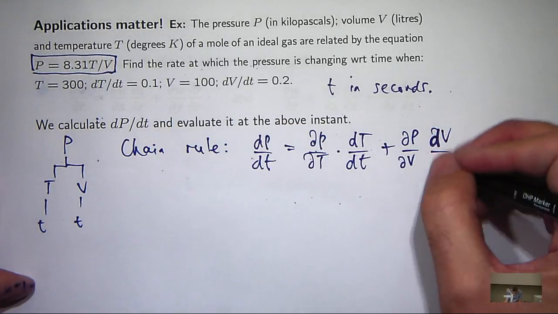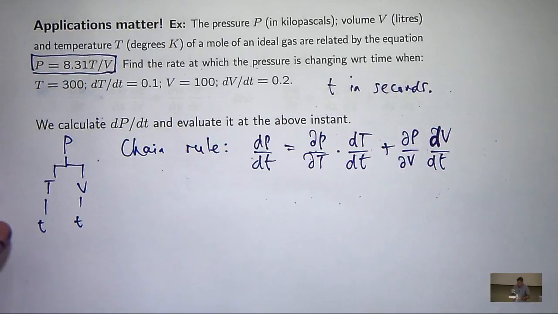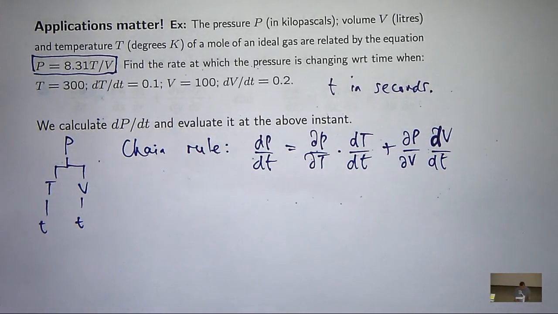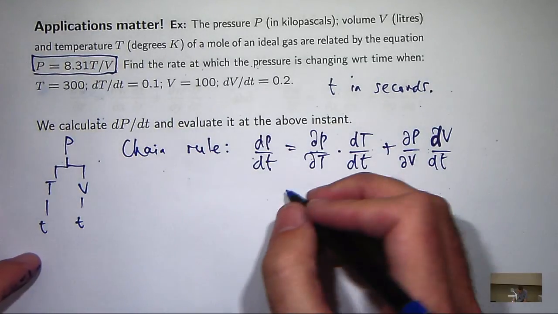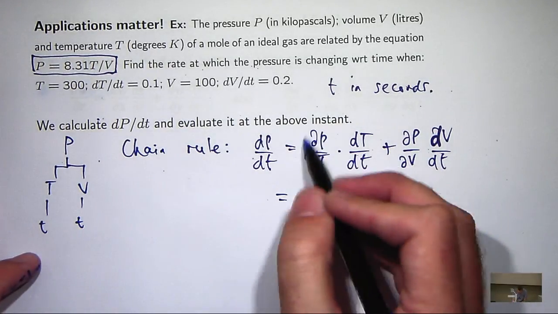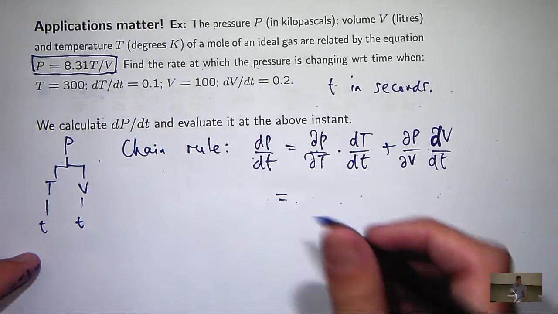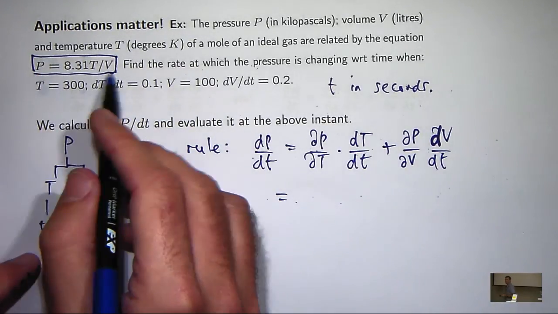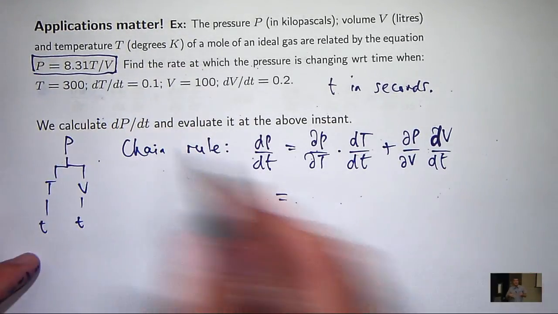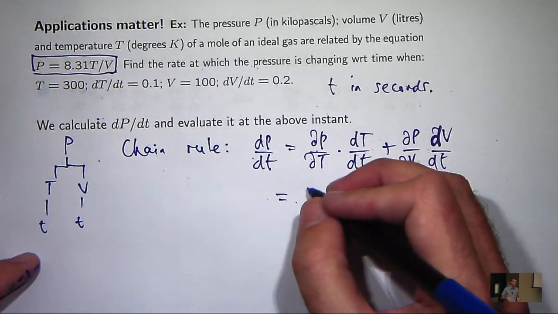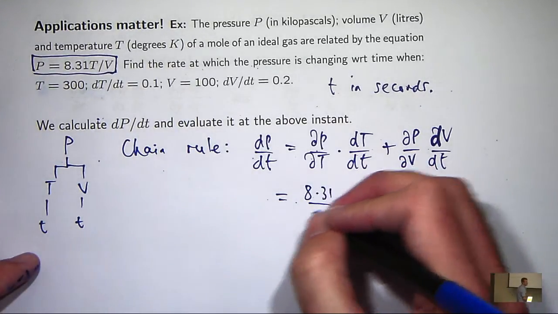Okay, so let's take some derivatives and simplify. We can simplify this and this. So if we go back to our original equation and differentiate to find the partials, we're going to get 8.31 on big V. Now, we don't know what this is in general, so I just have to leave it.